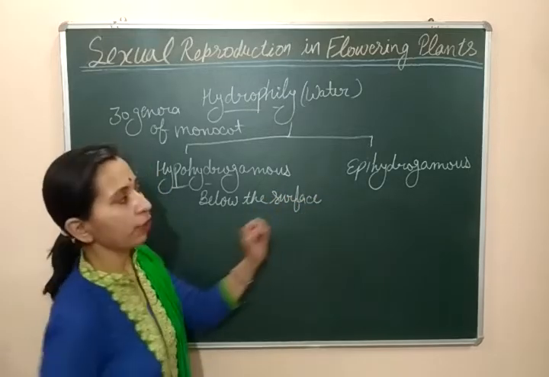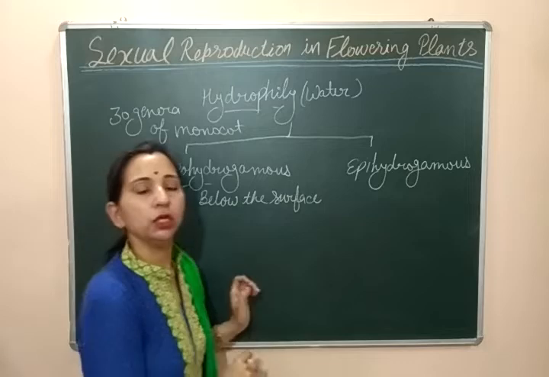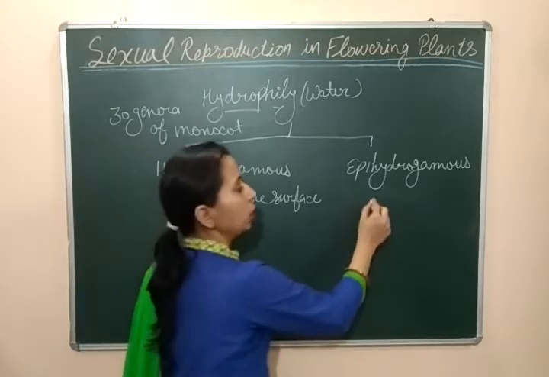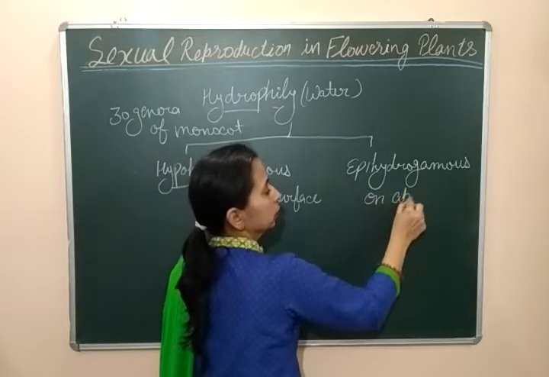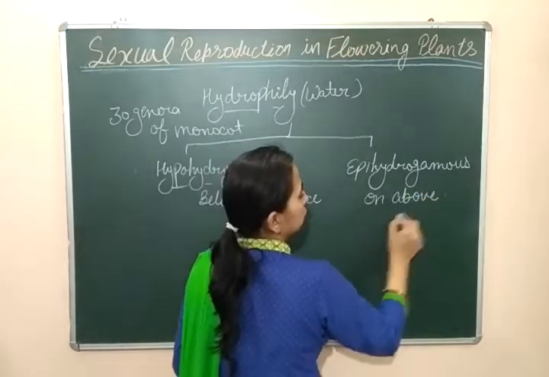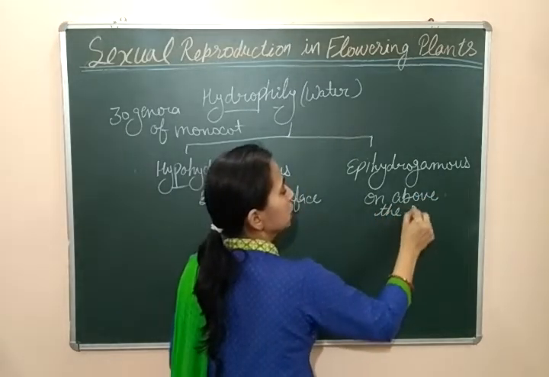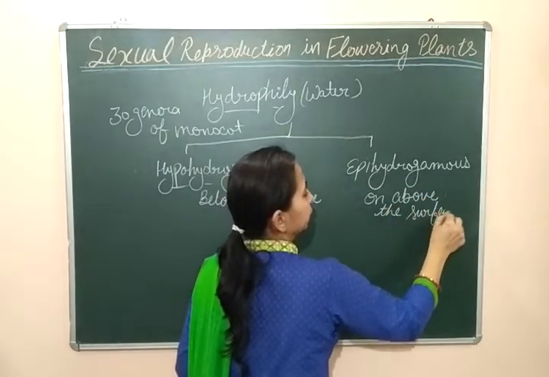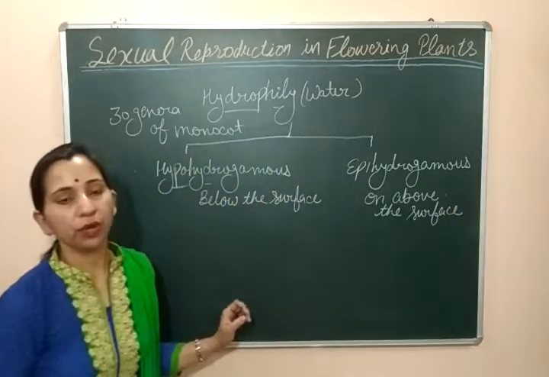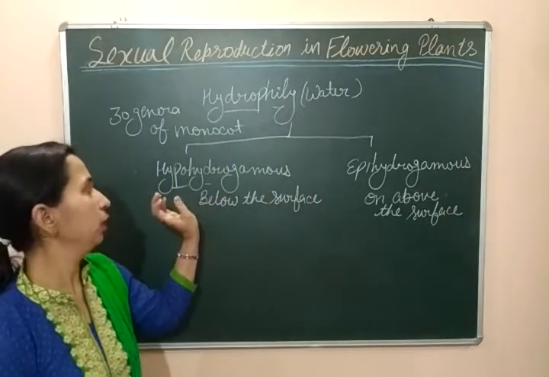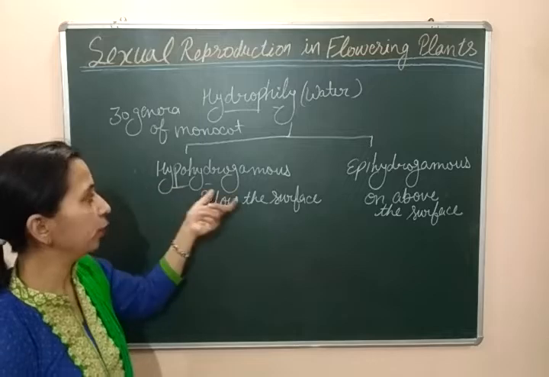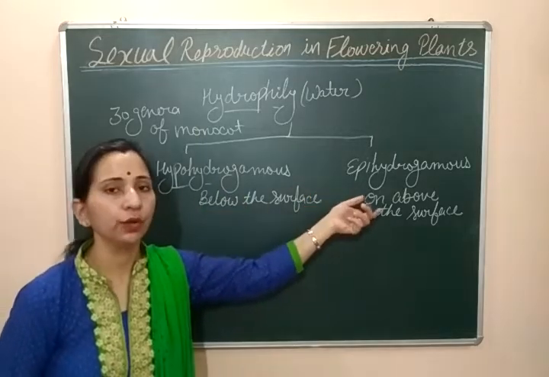And in the case of epihydrogamous, pollination happens above the surface of water. So these are the two different types of plants which do hydrophily by two methods.